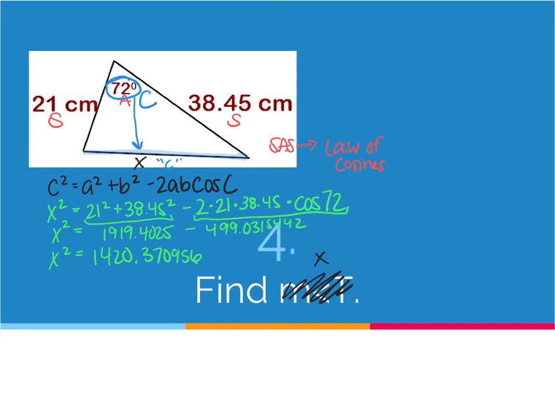And I'm not going to round. I'm going to leave that number in my calculator to make sure that when I square root both sides and input that number, second square root, second answer, that I am able to round at the very, very end. So 37.7 centimeters.